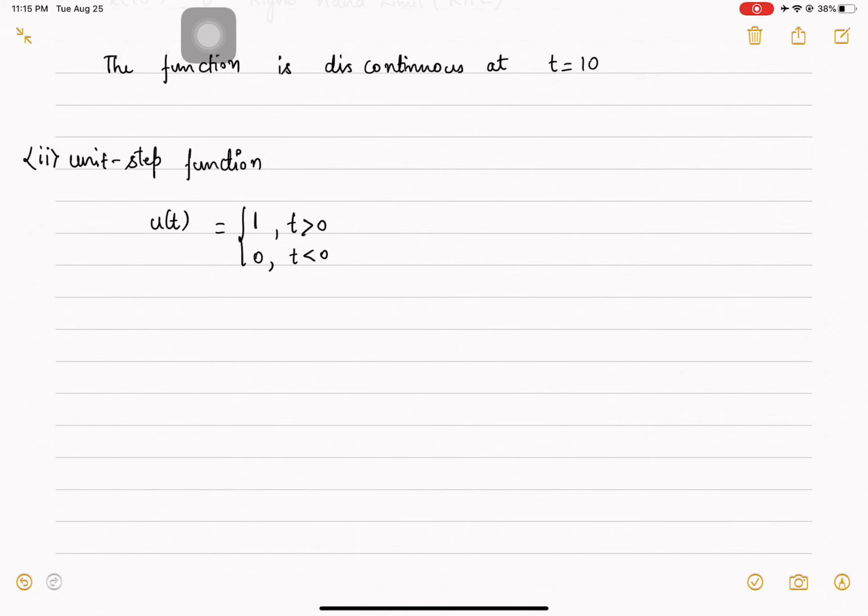Now what is the value of the function at t equal to 0? The value of the function at t equal to 0 is not defined. It has a discontinuity at t equal to 0. When you draw it, it looks something like this. It is 0 here when t is less than 0, and when t is greater than 0 it is 1, and at t equal to 0 the value is undefined.